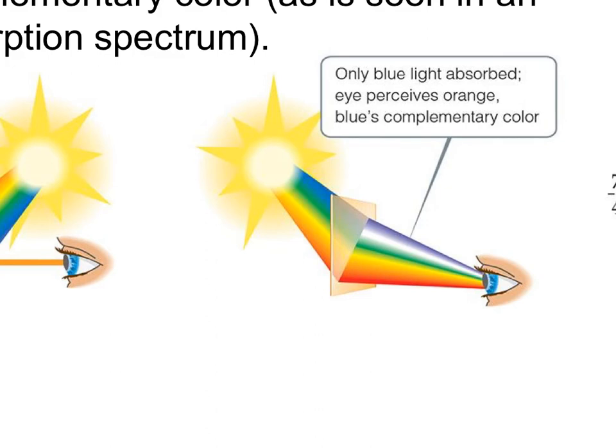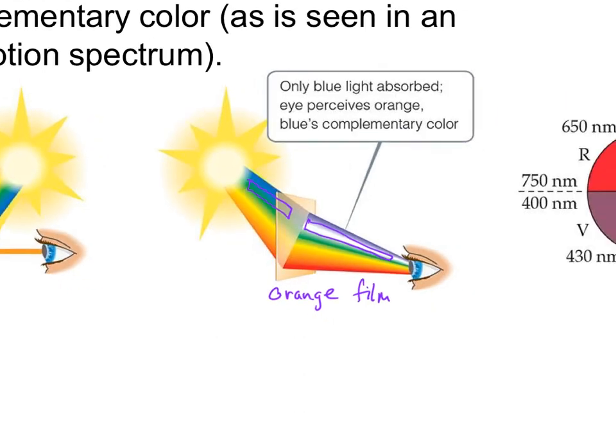The other way we could see color is by using a piece of orange film and looking through it. Again, we'll perceive the color orange, but if you'll notice the difference in this area of our spectrum versus here, the blue color is being absorbed by the orange film.